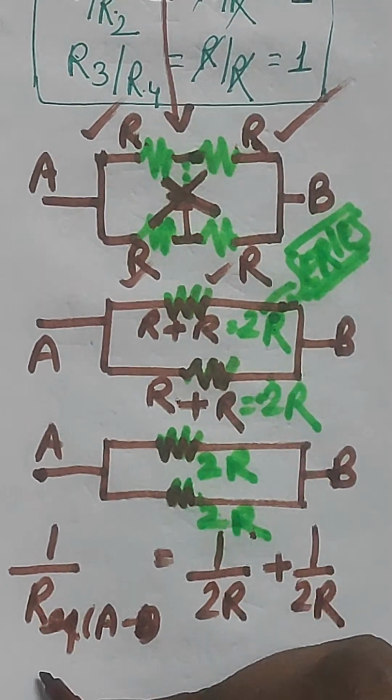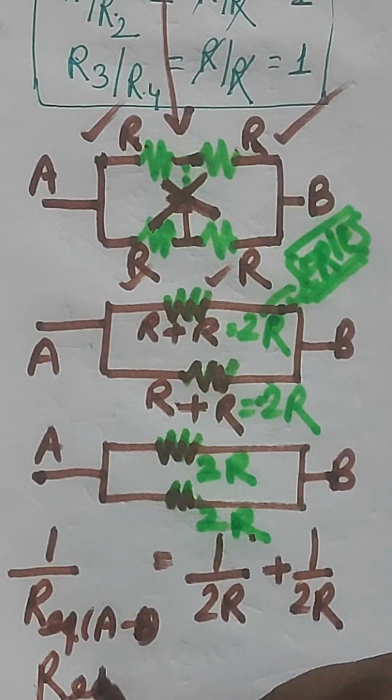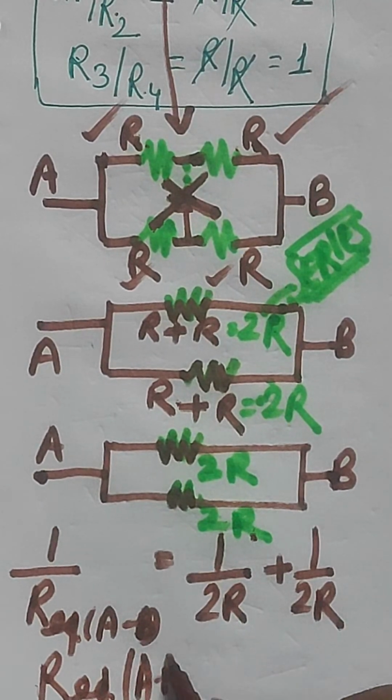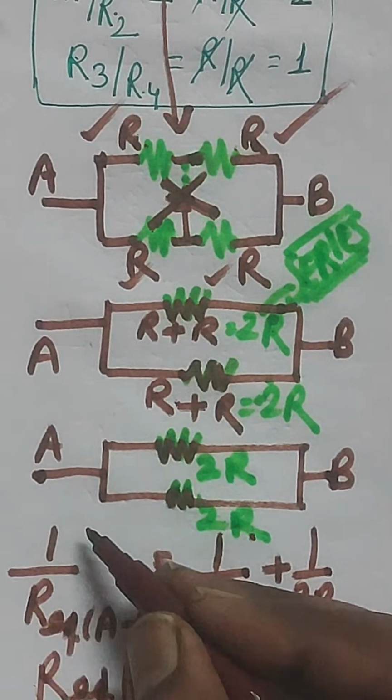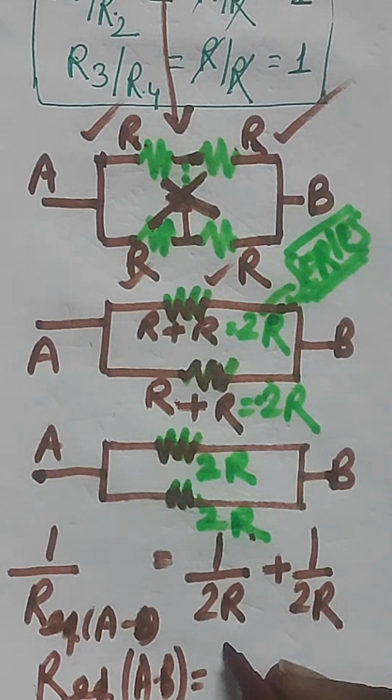Now this will give you the value of R equivalent between A and B, as the denominator goes into the numerator, so it's just a simple calculation.